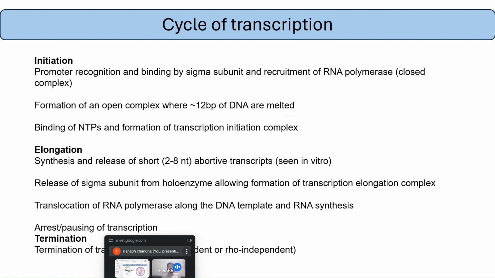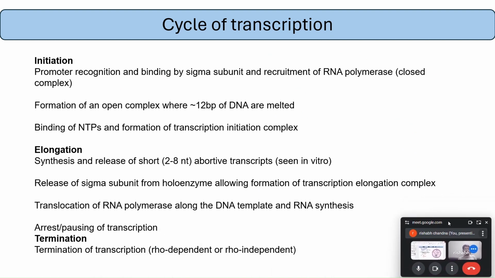Then moving on to the different steps of transcription. The first one is initiation. This involves the recognition and binding of the RNA polymerase. In the next slide we'll talk about the sigma subunit, which is a part of the RNA polymerase. The promoter is recognized by the sigma subunit of the RNA polymerase, and then it forms the closed complex.